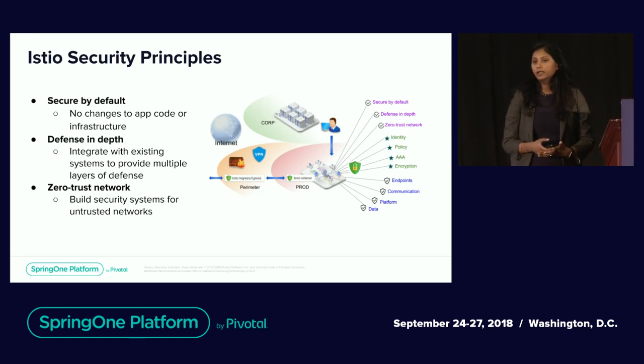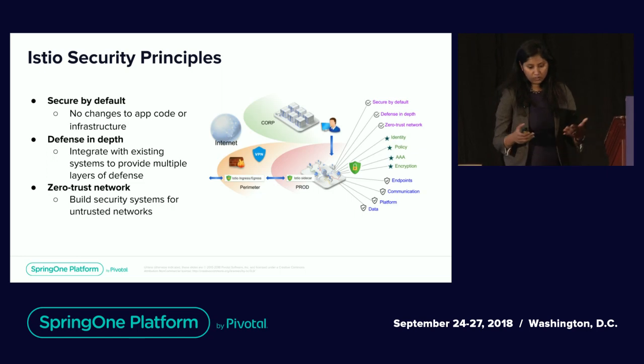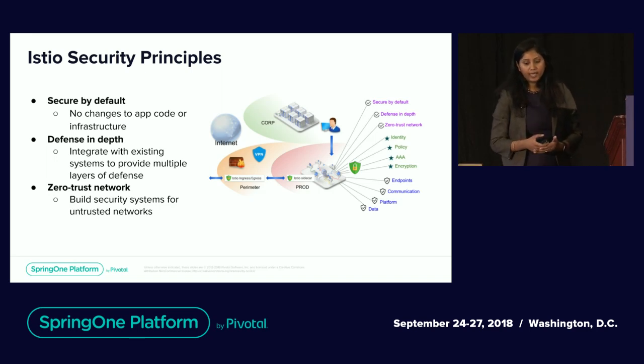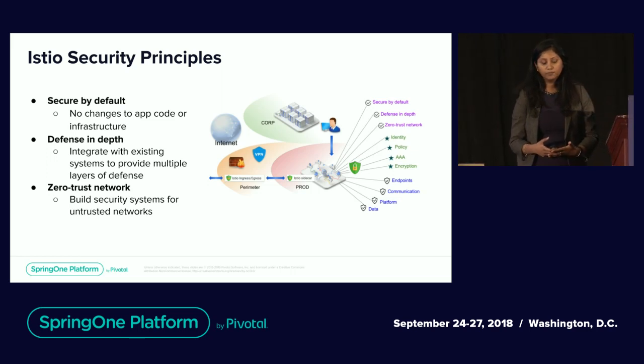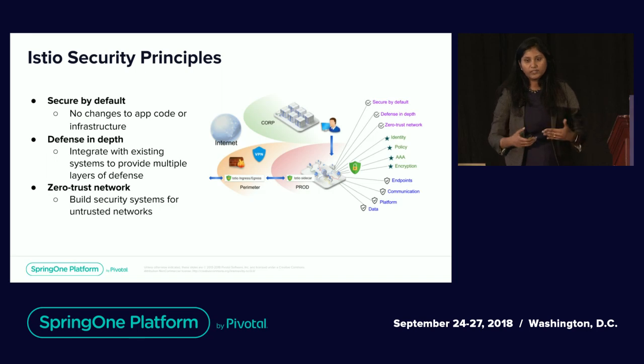So the first one is secure by default. Usha touched upon it, but why is this important? As an enterprise, you are dealing with a lot of heterogeneity. You have applications which have adopted different language frameworks, different stacks, and it's very hard for the enterprise security team or the InfoSec team to enforce guidelines around security, because a lot is expected out of developers, wrangling with different application frameworks.